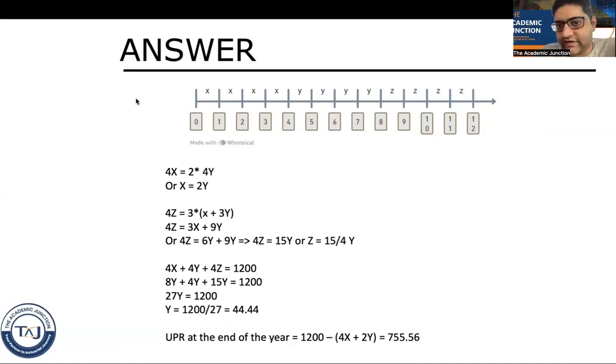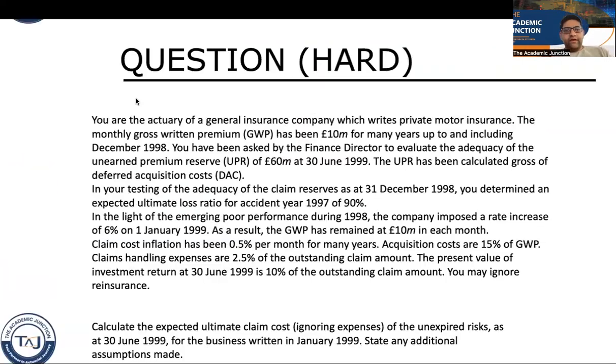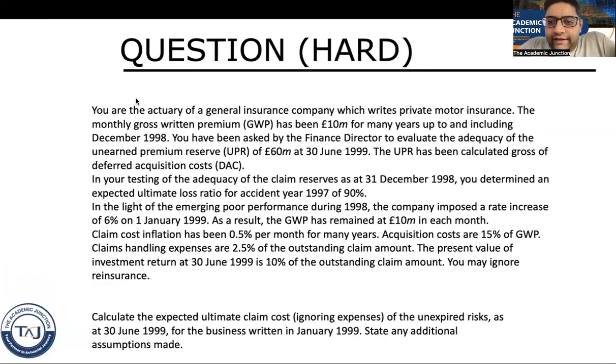But the idea is very simple. The idea is to calculate the UPR, right? And calculate the ultimate claims cost. So here is the next question, right? So I will first read the question.